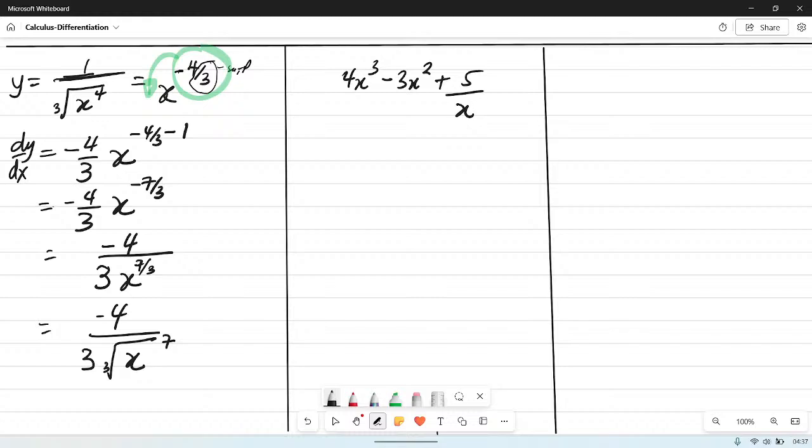Okay, so I would like you to do this one. What do you do first? 5 over x squared minus 5 over 2 squared.